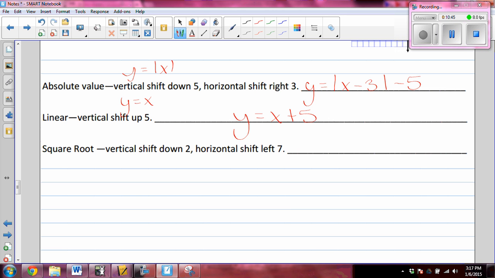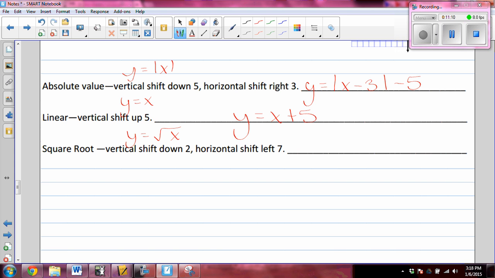And lastly, I have the square root. The parent function is y equals the square root of x. I have a vertical shift and a horizontal shift. Let's start with horizontal. Remember, horizontal goes within. It goes under the radical. It's shifting left 7. Well, remember with horizontal, it's a little backwards.